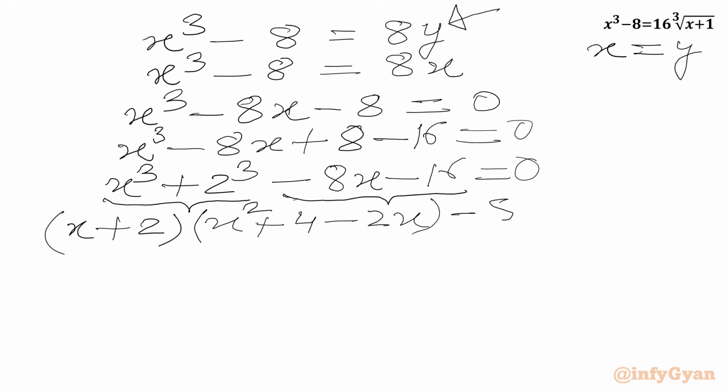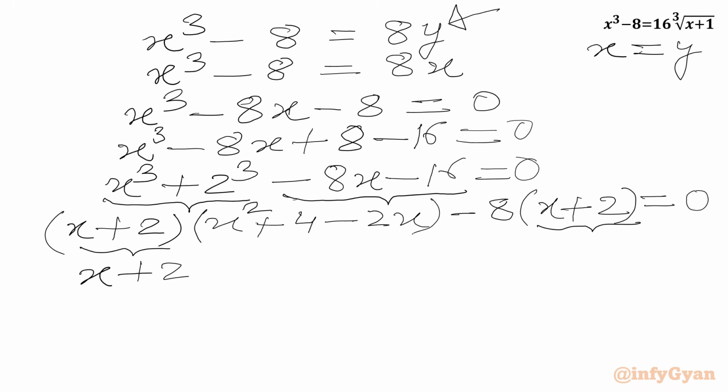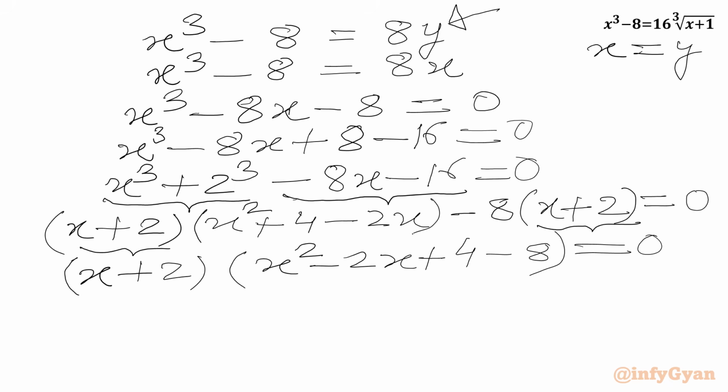Then we'll take minus 8 common. In bracket we'll get x plus 2. RHS is 0. Now we will take x plus 2 overall common. So we will get x plus 2 in one bracket times x square minus 2x plus 4 minus 8 equal to 0.